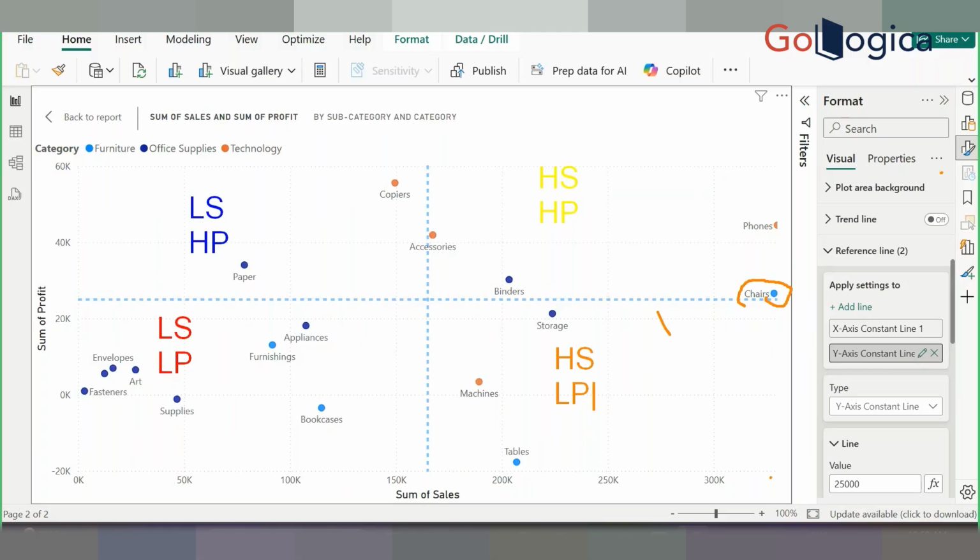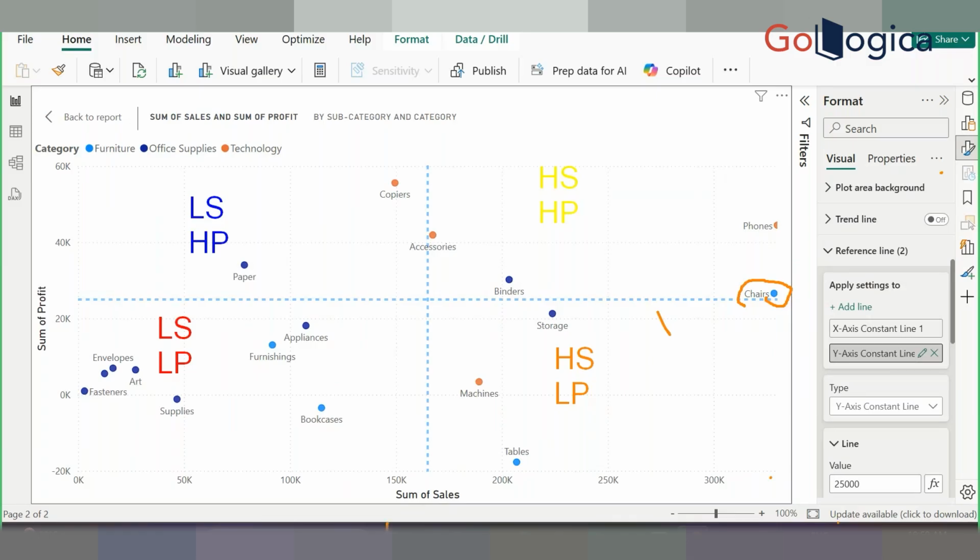The chair is also very close to that. With sales of 3.5 lakhs, we're getting a profit of only 25,000. This is a big concern. And we see the storage: we have done sales of almost 2.3 lakhs, and a profit of just 20,000. Machines have done sales close to 2 lakhs, but profit wise it is only 3,000.